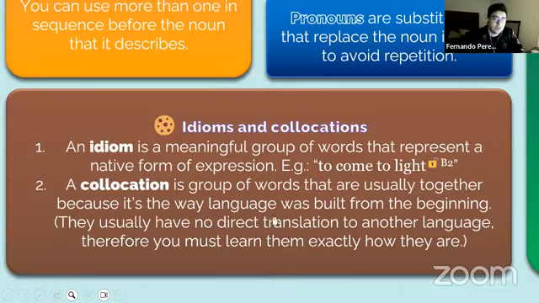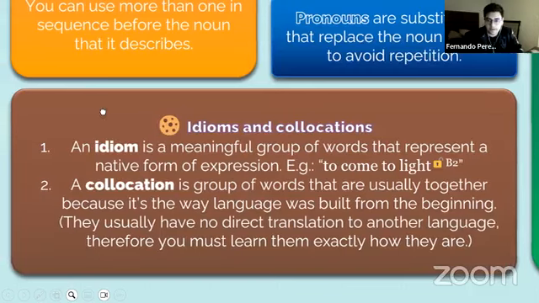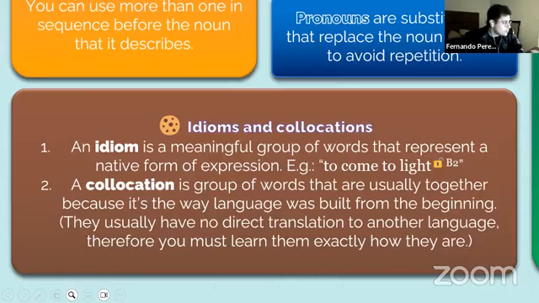Or when a connector is incorrect, phrases that usually go together, words that usually go together, etc. Right? And I need you to have this information in your glossary. The problem is that this information is not in the dictionary.